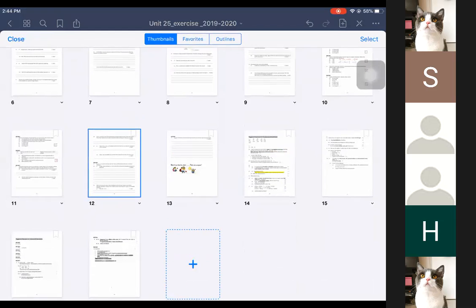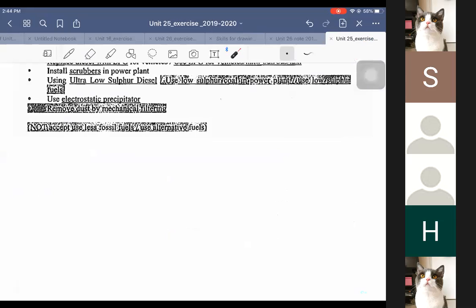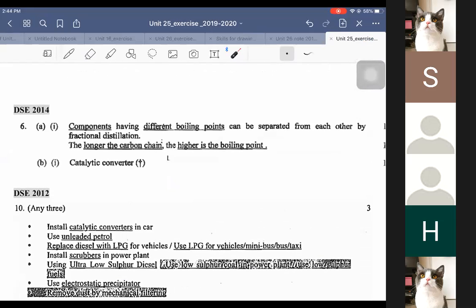Okay, so in your answer, you should state that first, components having different boiling points can be separated by fractional distillation. And then you need to state why petrol can be separated from petroleum. That's because the longer the carbon chain, the higher is the boiling point. Okay? So you need to relate it to the example that the question asks you. So you need to mention both points in order to get full marks for that question.